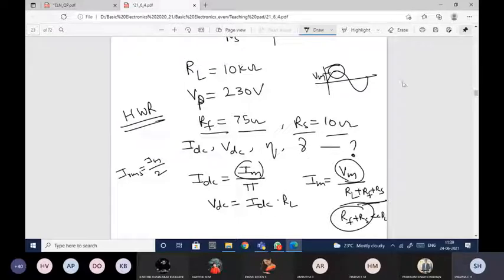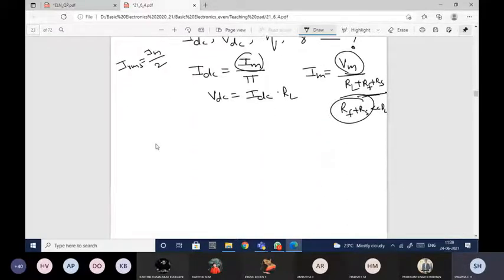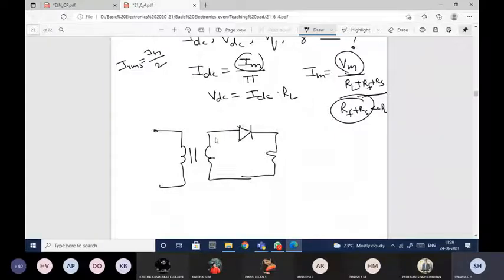So we need to find Vm from the given data. If I want to know Vm, let me just draw the diagram. Vm sin omega t. I need to know the secondary voltage of the transformer. This is the primary voltage and this is the secondary voltage.